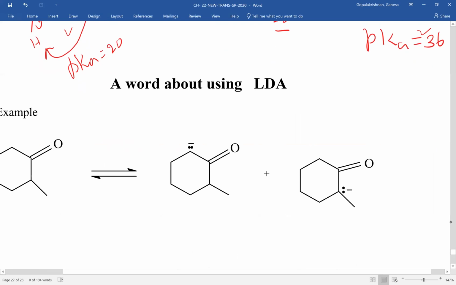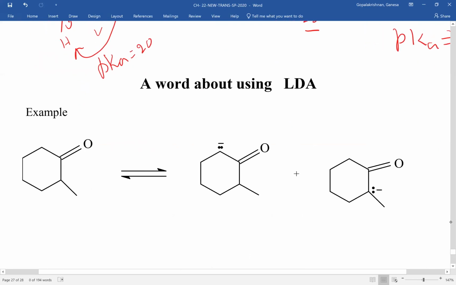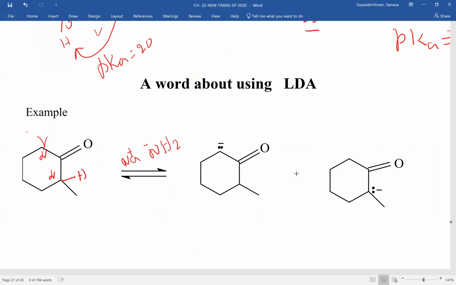There is a word about using LDA. If I use NaNH2 as a base, there are two alpha carbons in this one. These are hydrogens. This alpha hydrogen is more acidic than the other two.